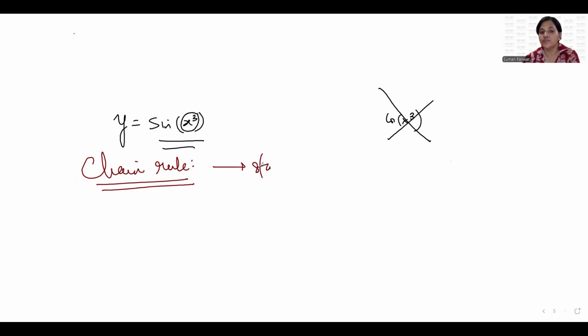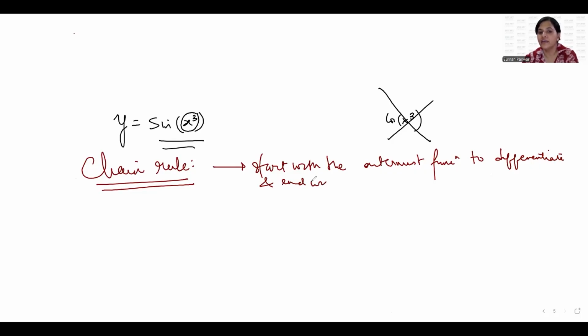Start with the outermost function to differentiate, and end with the innermost function. What does it mean? Let us see. For example, y was sin x cube.